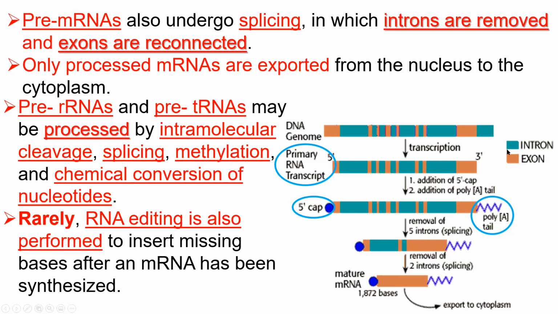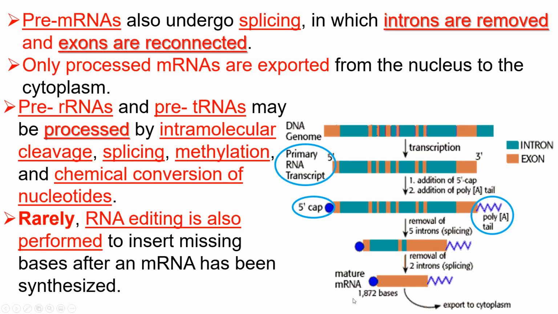Those in orange, we call exons. Exons are the regions that give amino acids. Introns have nothing to do with amino acids, so they need to be removed during the process. We call this splicing. Splicing means removal of introns and leaving only exons.